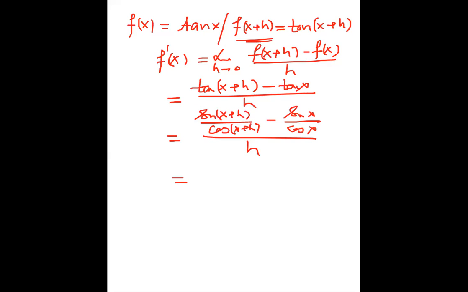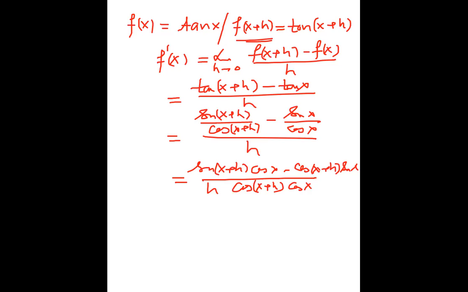Taking LCM in the numerator, cos(x+h) into cos x. It will become sin(x+h) cos x minus cos(x+h) sin x. Now see, it is sin a cos b minus cos a sin b.